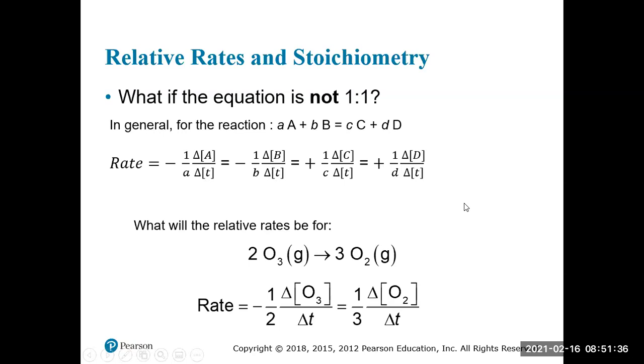Down at the bottom, we have an example where O3 converts to O2, and we have 2 moles of the O3 going to 3 moles of O2.